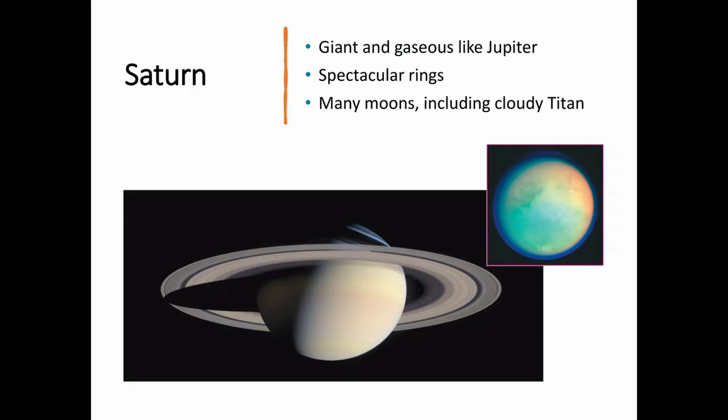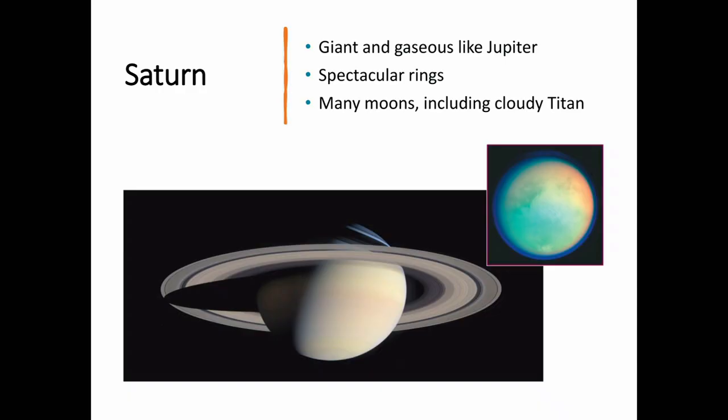So this is Saturn. Of course, the most prominent feature are the large rings. And it's also a gas giant like Jupiter, so made out of mostly hydrogen and some helium. And it also has a lot of moons, and the most remarkable moon is Titan, and Titan has a very thick atmosphere.